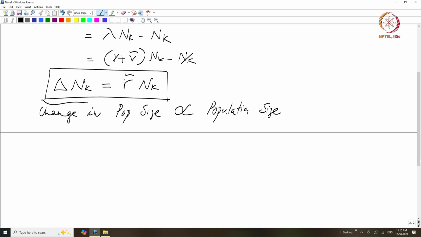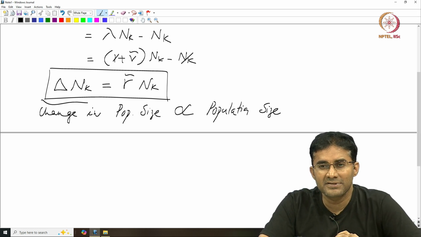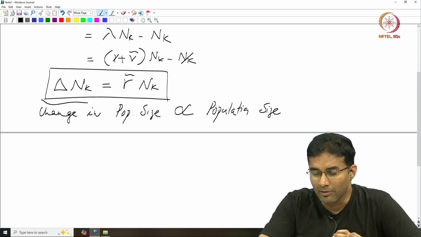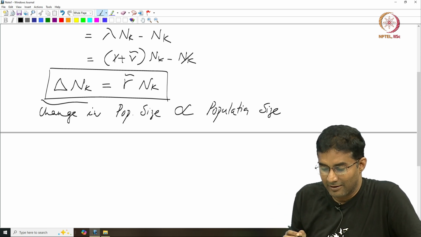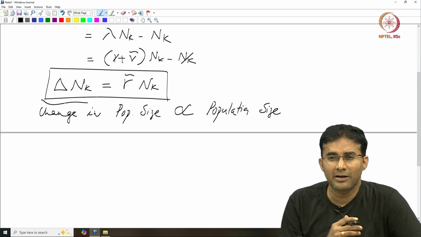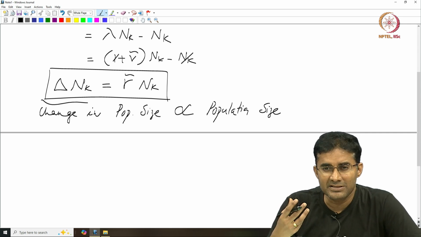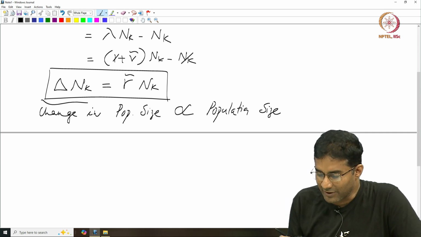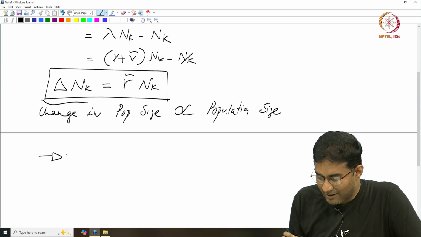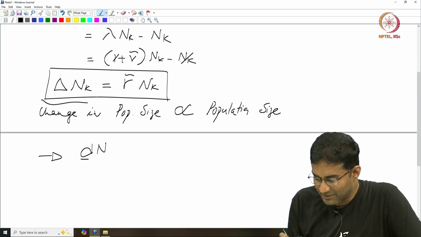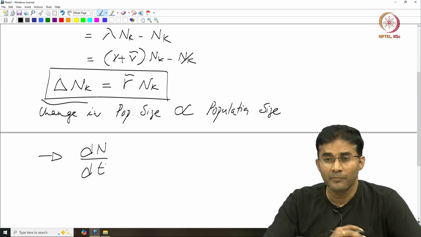Now, the basic trick when we go to the continuous time description is to think of this one generation and make it more general. It could be any arbitrary discrete time step, and then we take this arbitrary discrete time step to be really small. In such a case, the left hand side basically becomes the change in the population size for an extremely small amount of time, and that actually is nothing but dn by dt.